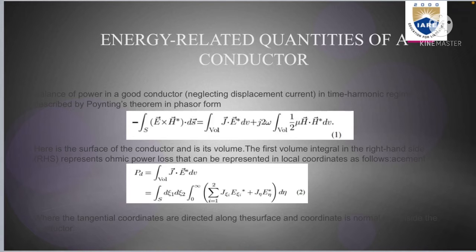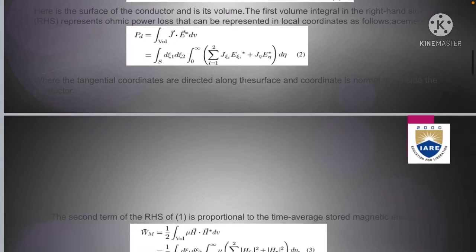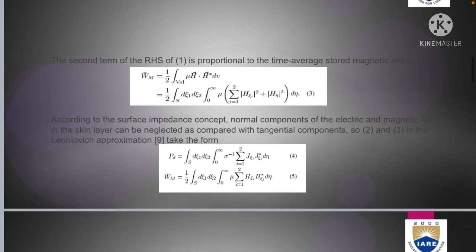that can be represented in the local coordinates as follows, where the tangential coordinates are directed along the surface and the coordinate n is normal to it inside the conductor. The second term of the RHS of equation 1 is proportional to the time averaged stored magnetic energy.